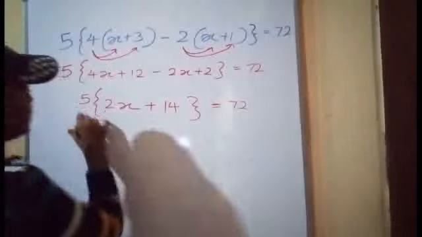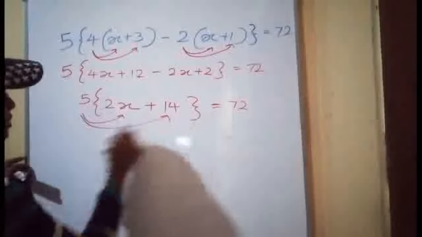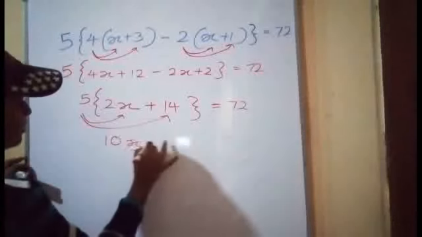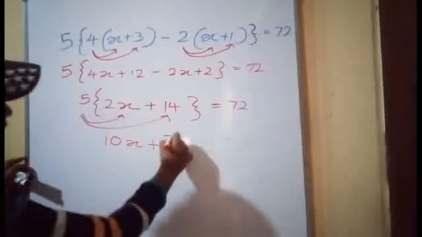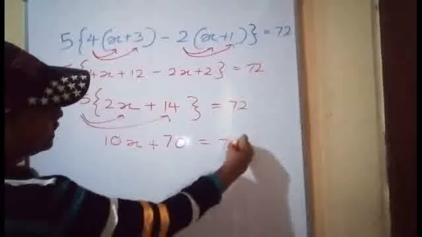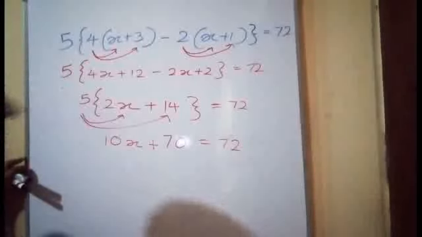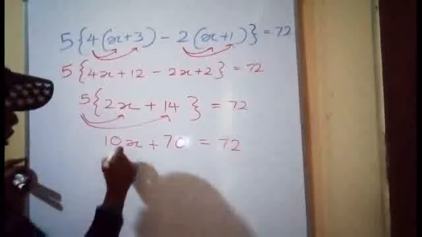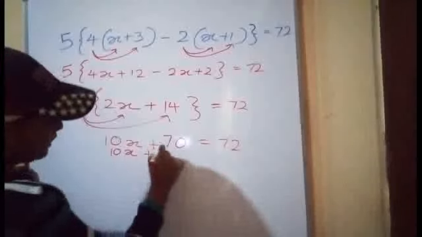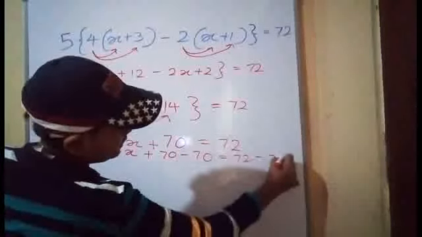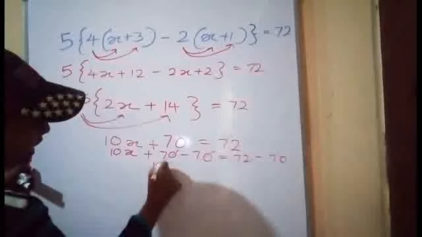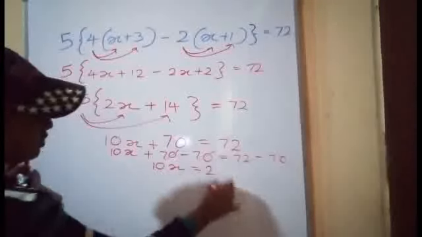72. And now we do this multiplication. 10x plus 14 times 5 is 70 equals 72. In there, 10x plus 70, both sides subtract by 70. And now 10x means 2.